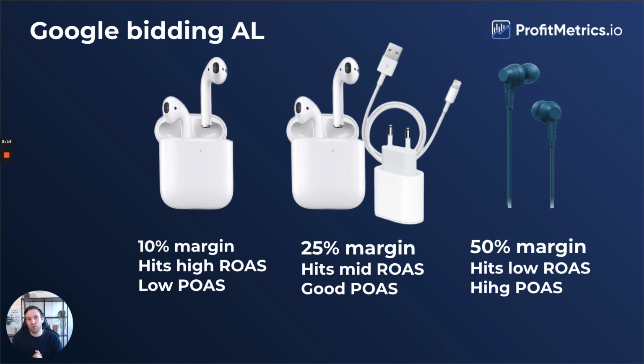So using profit inside Google's algorithm will actually force Google to go in and look for these combinations or the other headsets where you made 50% margin. It's maybe a lower ROAS target, actually lower than your average, but you actually have a high POAS on it because you make higher margin, and maybe the clicks are cheaper on this product combination or order combination.